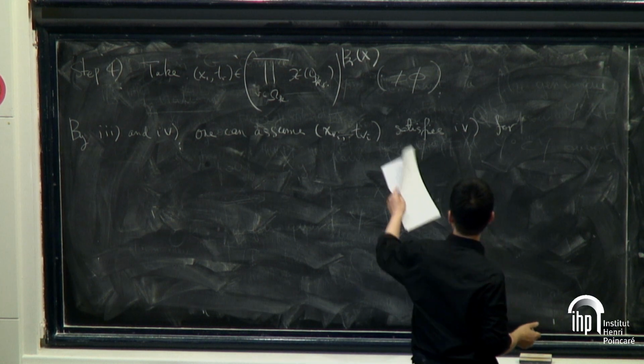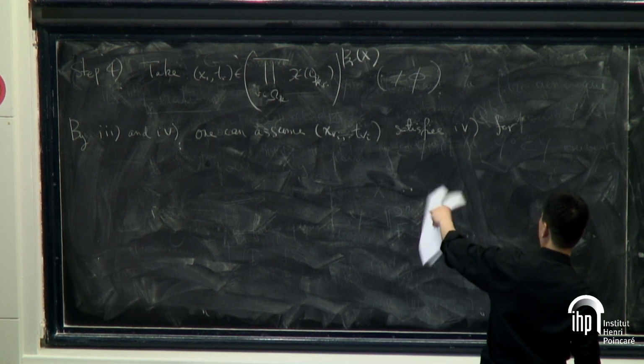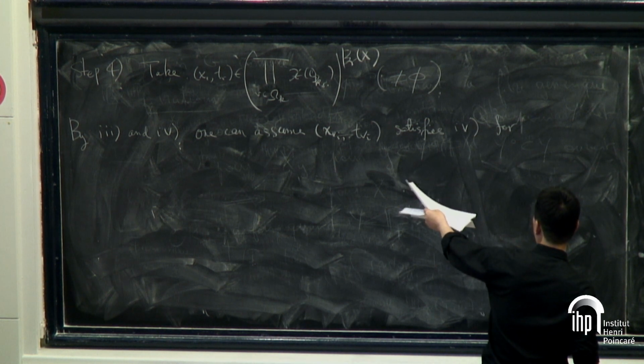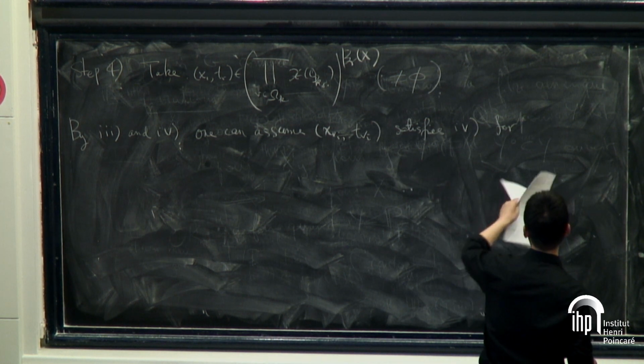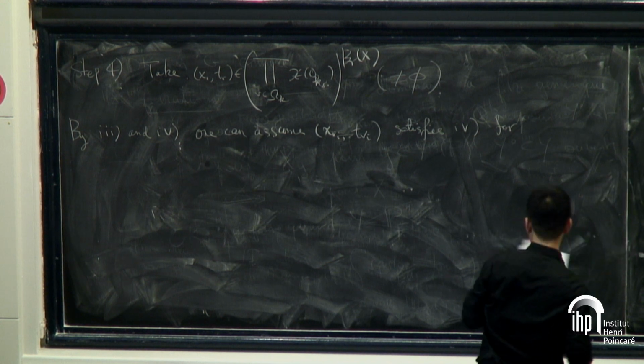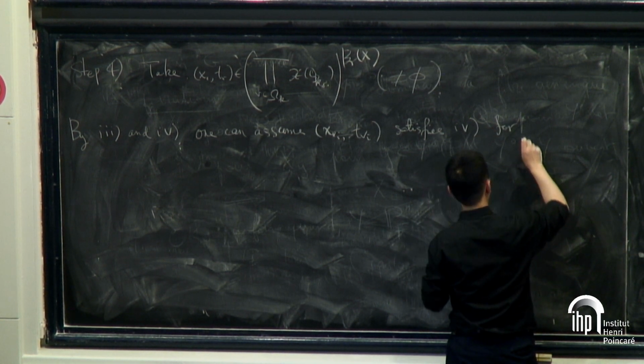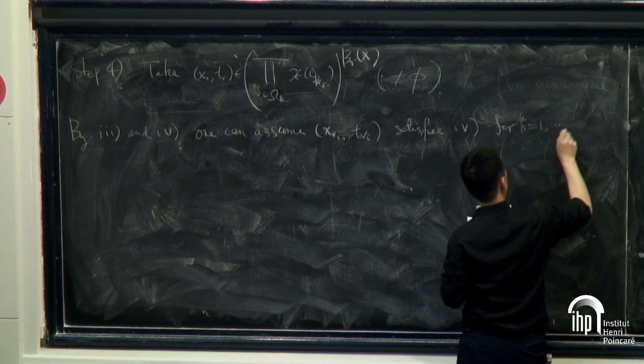Without loss of generality, I can say the t_Vi are just these local solutions, for i equal 1 to e minus 1.